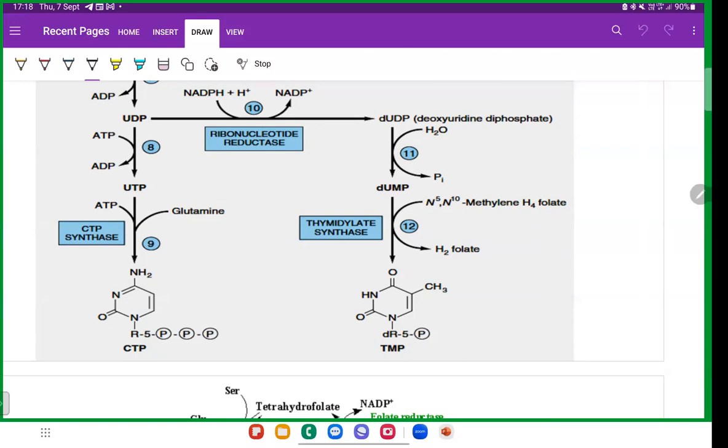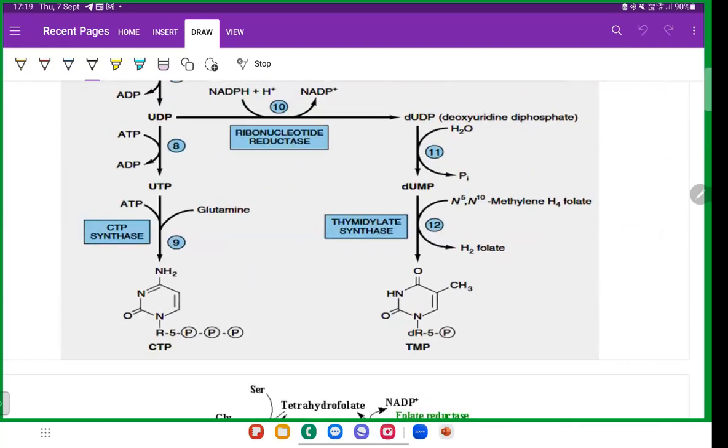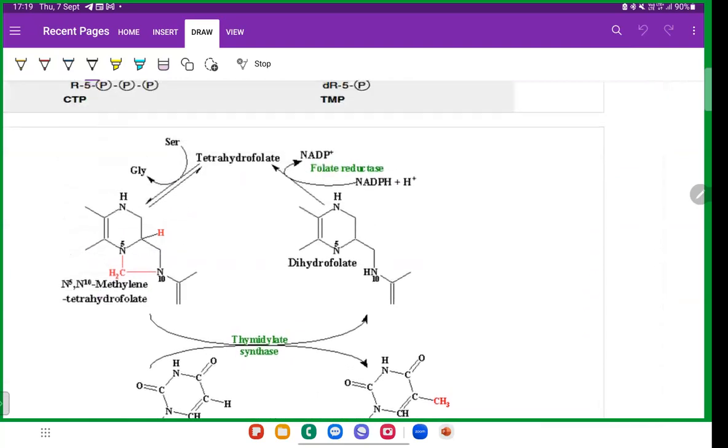In the UTP, in the presence of CTP synthetase, it gets converted into cytidine 5-triphosphate, or you call it CTP. Now both CTP and TMP have been formed. So thymidine monophosphate and cytidine monophosphate have been converted.